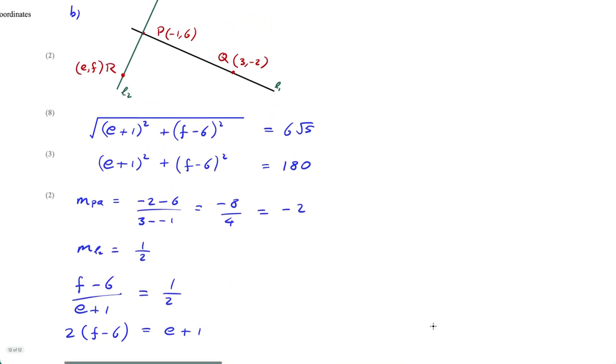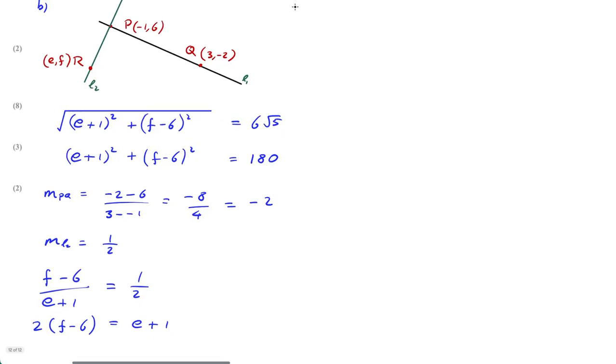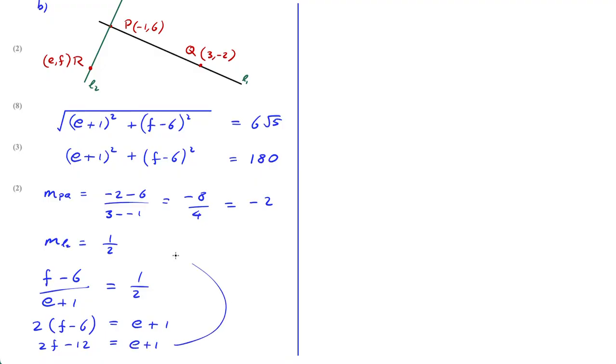I'll just solve it like this. So I'm going to sub that, 2F minus 12, into that. So this becomes 2F minus 12 squared plus F minus 6 squared equals 180.